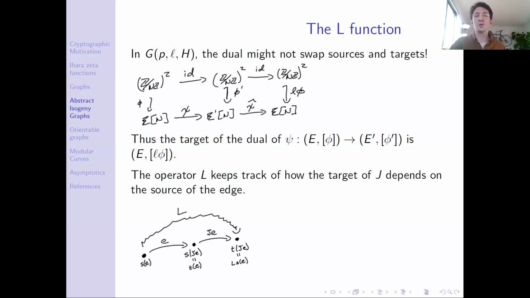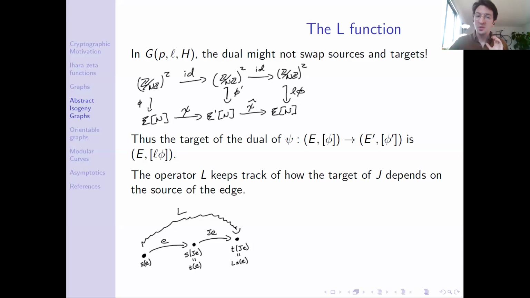So here's another little picture, just showing those two requirements we had at the end of our definition in a little diagram. If you have an edge e going from the source of e to the target of e, then we require the dual to be a map out of the target. So that's the source of j of e is equal to the target of e. And the target has to be L of the source of e, right? So the squiggly arrow up here indicates that L is not an edge in the graph. It's showing you that this operator L takes the source to this other vertex.